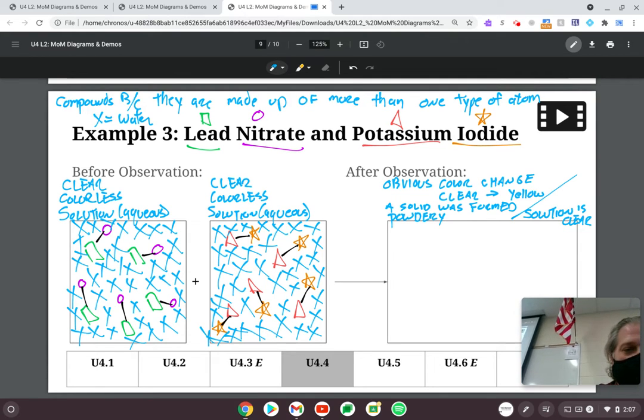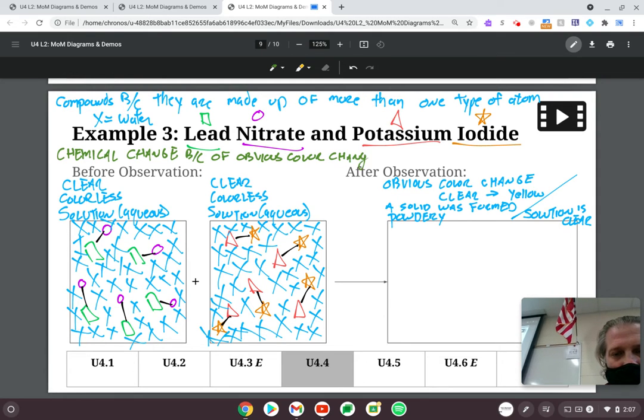This is definitely a chemical change. It's a chemical change because of an obvious color change. And a new substance was formed.